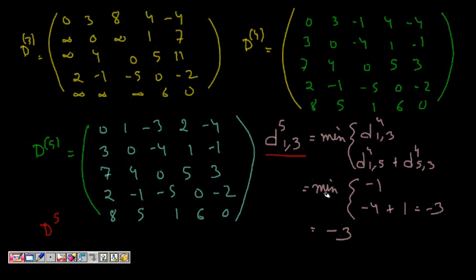So that is one of the paths, but there are other paths which are giving us a lesser value. So one is D4,1 to 5 and D5. So I'm using the fourth node, and D1 to 5 using the first 4 intermediate nodes, and D5 to 3 using 4. So it is coming out to be minus 3.